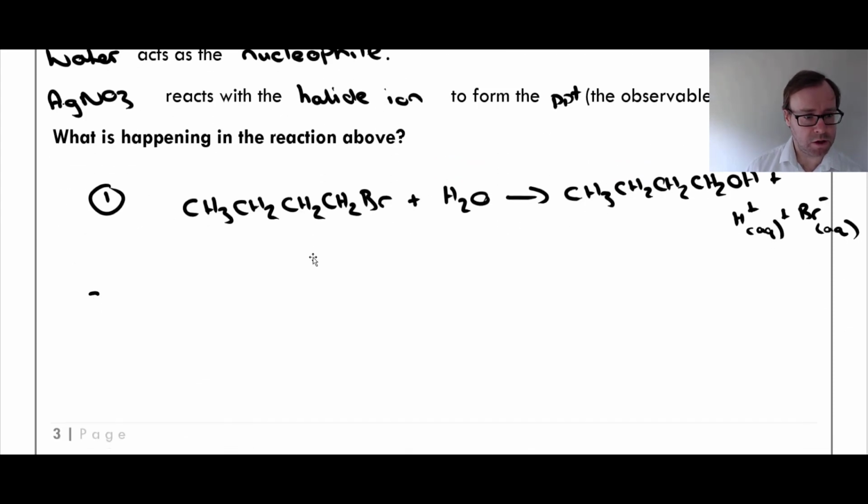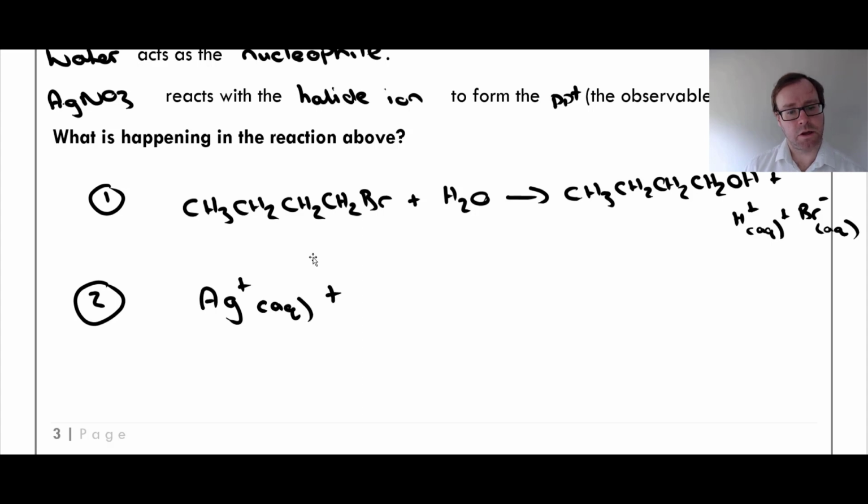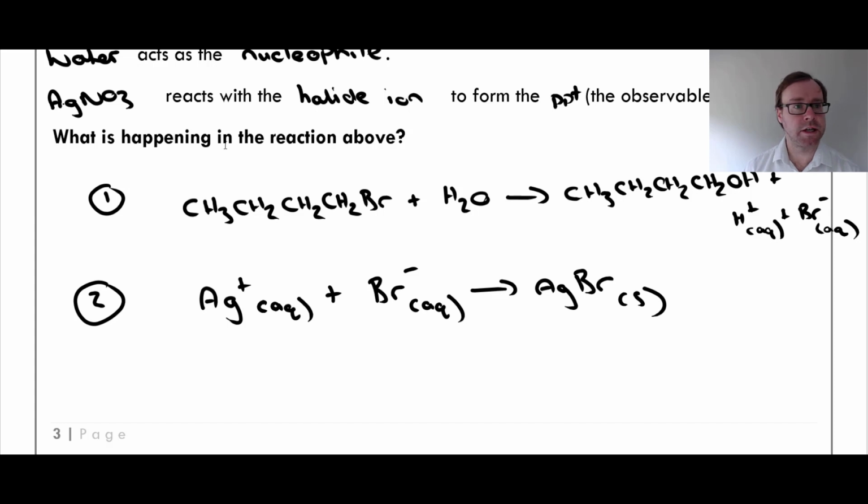So we know that if we add silver nitrate, we get the halide test. Our silver ions will react with my bromide ions, and it will form AgBr, which is a solid, which you probably know is a cream precipitate. We know it's a solid because we have a solid state symbol here. So this is our observable reaction.